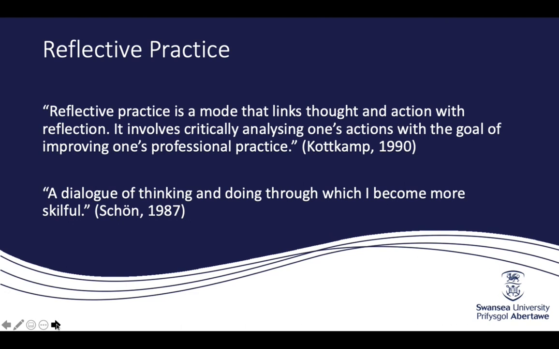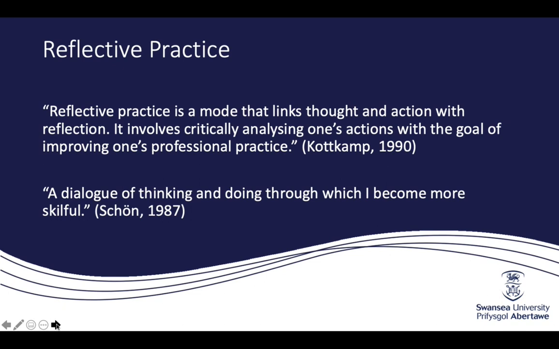So Schoen in 1987 came up with a good definition of reflective practice, and he said that it's a mode that links thought and action with reflection. Okay, so it is about thinking about what's happened to us and what we would do differently in the future. It involves critically analysing one's actions with a goal of improving one's professional practice.